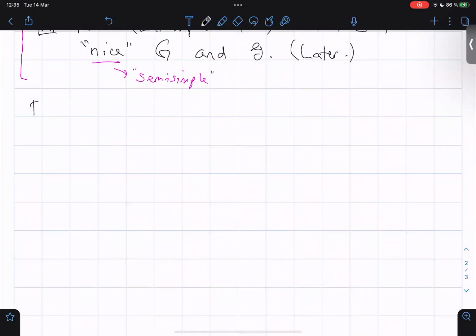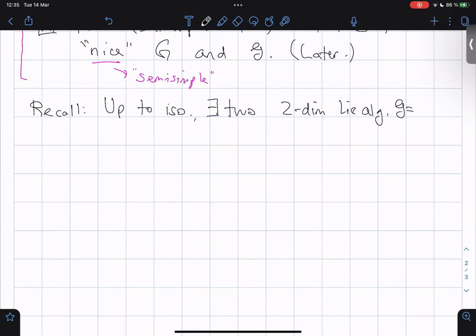Okay, so let's go to 2 dimensions. Recall, up to isomorphism, there exist precisely two two-dimensional Lie algebras. Let me write them in a basis, X and Y. They're distinguished by whether the Lie algebra is abelian or non-abelian.